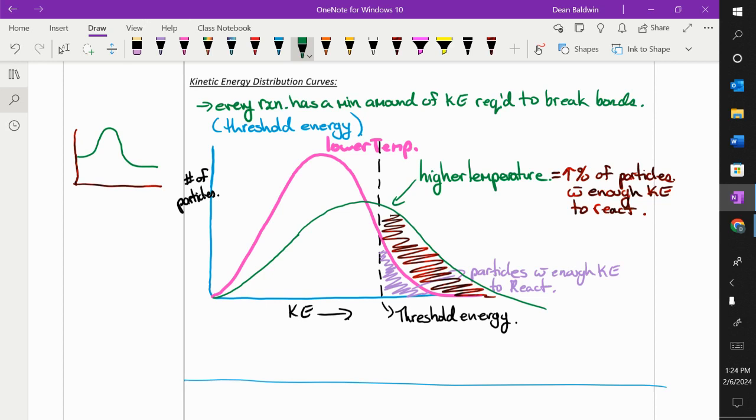Where's the activation energy? It's from where to where? And the peak, the activated complex. So it's right here. This is the activated complex. That's the Ea. That's the activation energy. Where's the threshold energy?